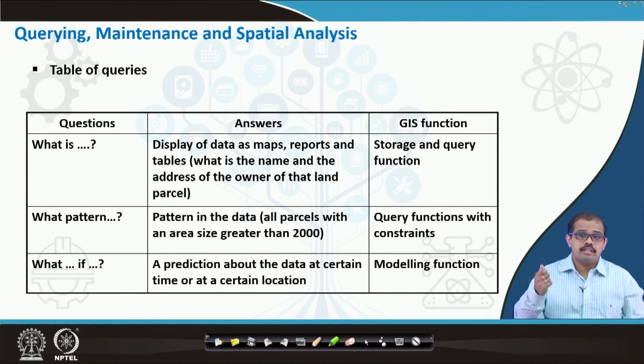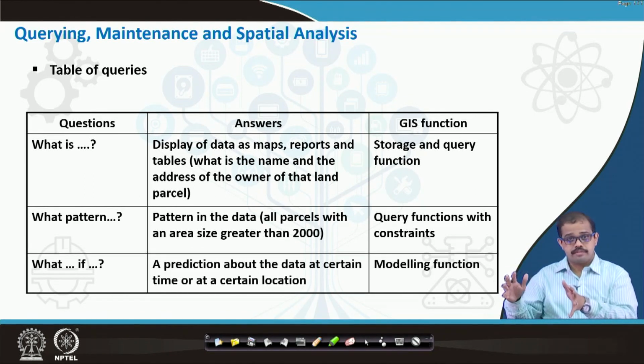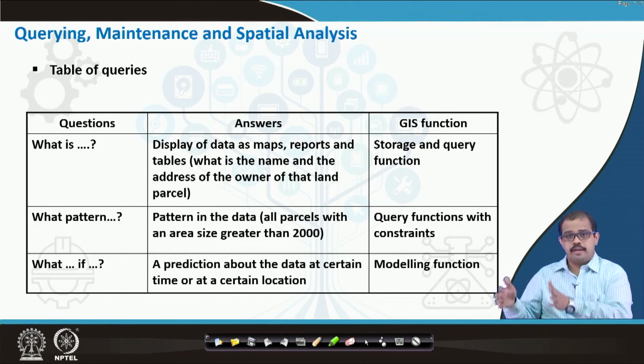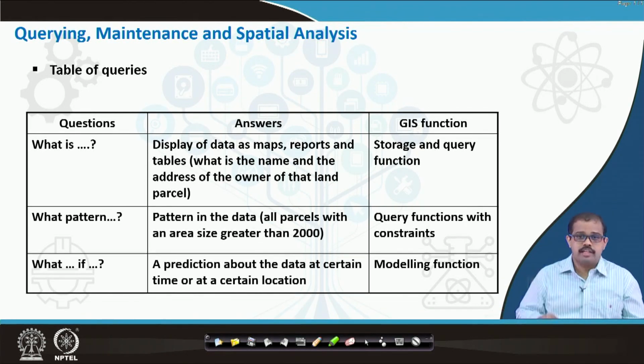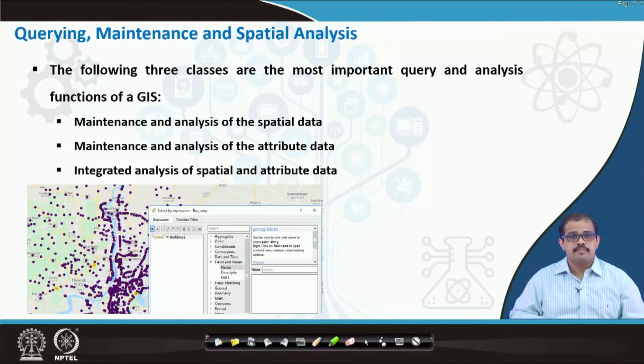That is how querying is done. I have given you this example to make you understand how the way you speak in real English relates to querying. It has to be translated from real language to a queryable form in GIS functions. This is just an example for you to understand how it has to be done.